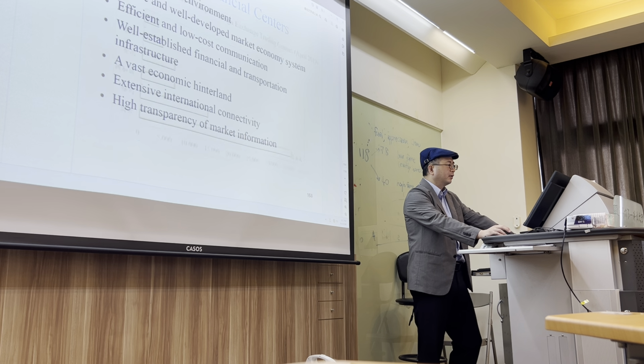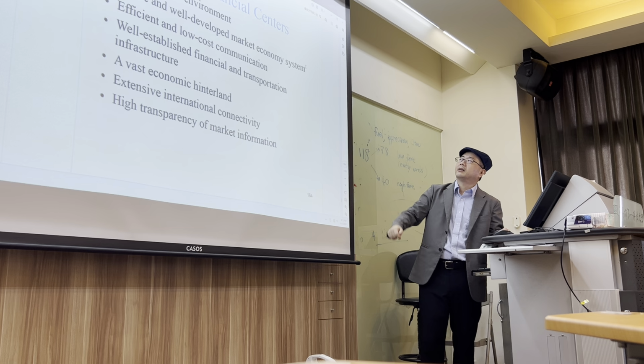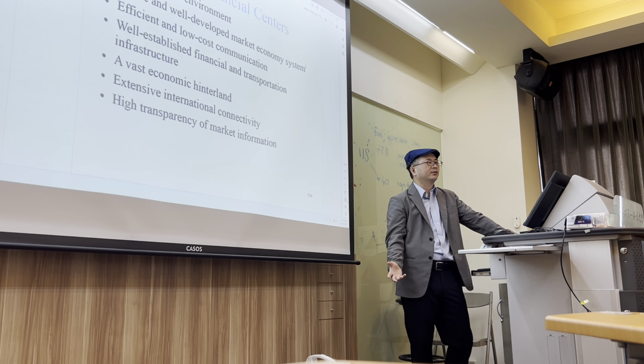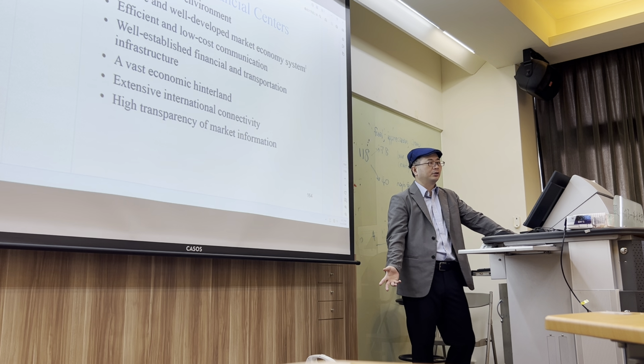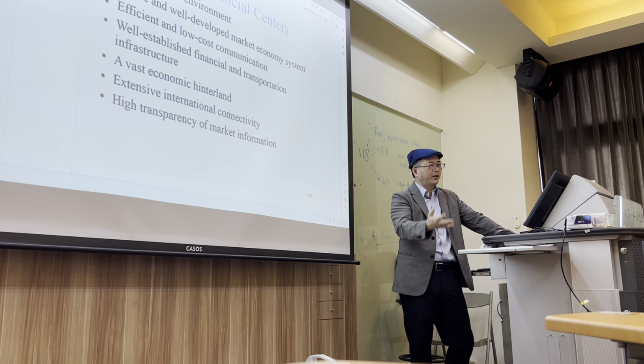All right, and then the other one I want to show you is about the top 10 financial centers. When we talk about financial centers, what are the characteristics, the attributes we assign to those financial centers? To begin with, when we talk about financial centers, what countries are we talking about? U.S., UK, France, Germany, Japan.